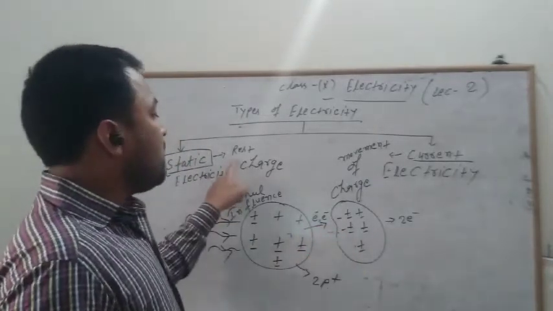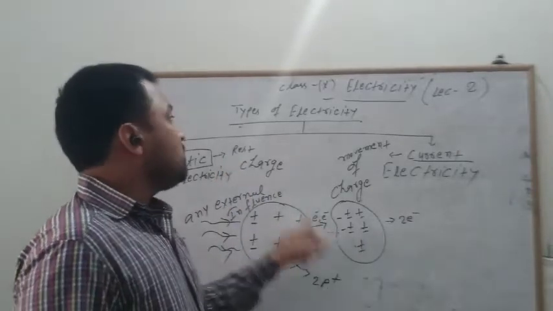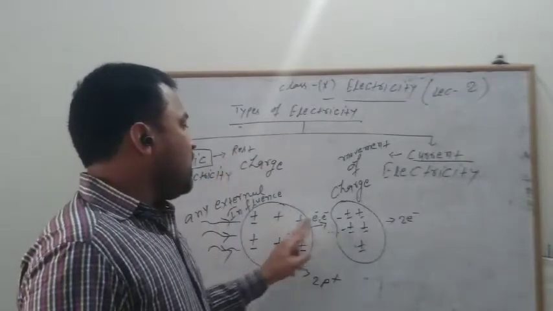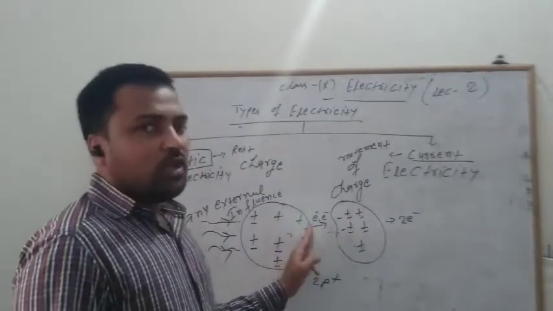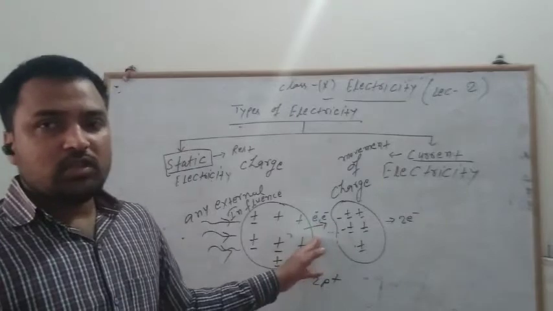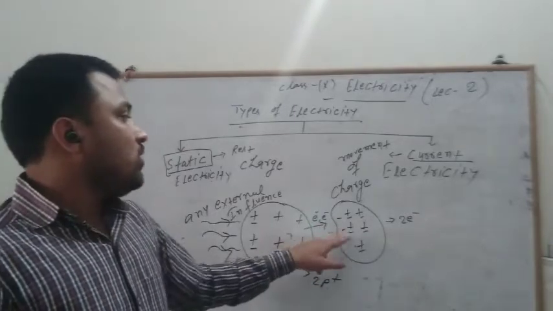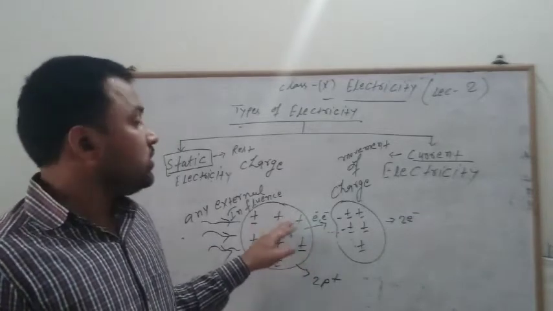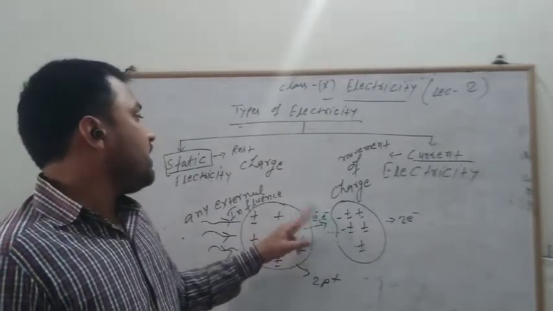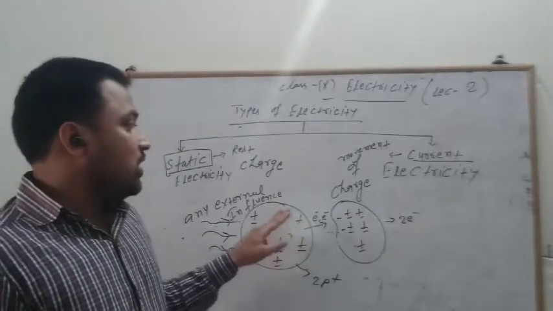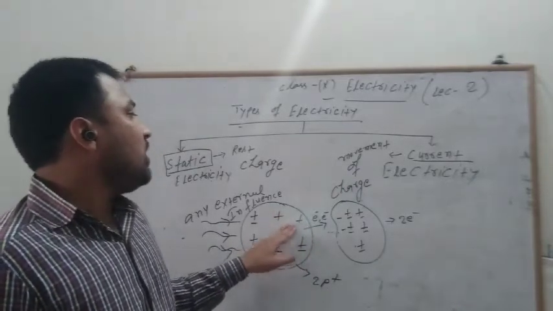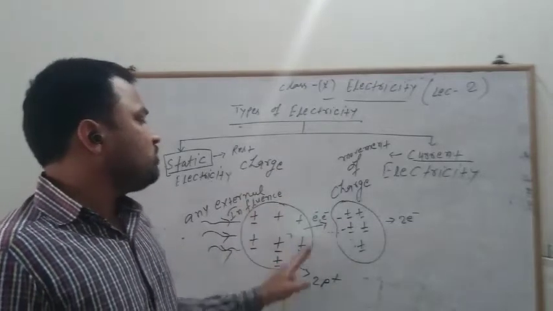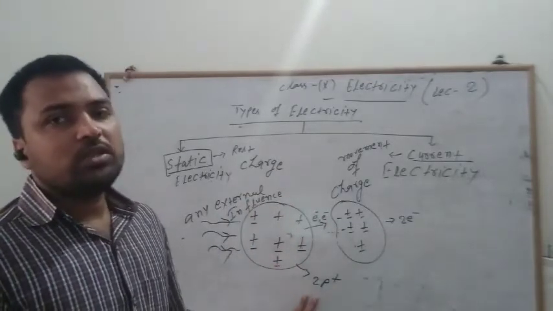So this body is charged due to rest charge. Until these two bodies come into an isolated system, or until these two electrons are gained again by the positive charges, this body will remain a positively charged body.